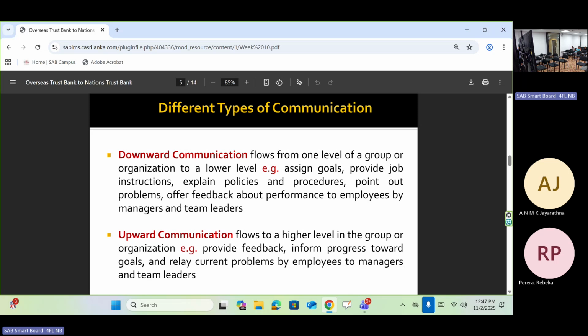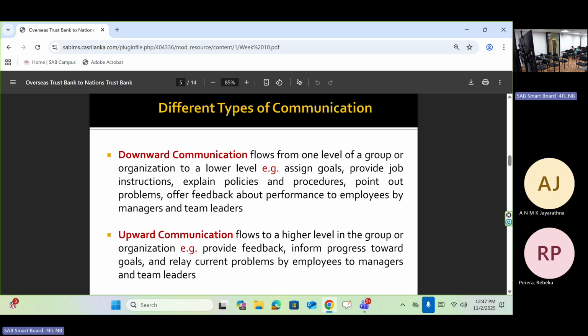Right. The main way of classifying communication is the formal, informal classification. We do the same for other concepts also, no? When we consider organizational structure, we can divide that as a formal structure, informal structure. In the next lesson, when we consider groups, we can divide them as formal groups and informal groups.